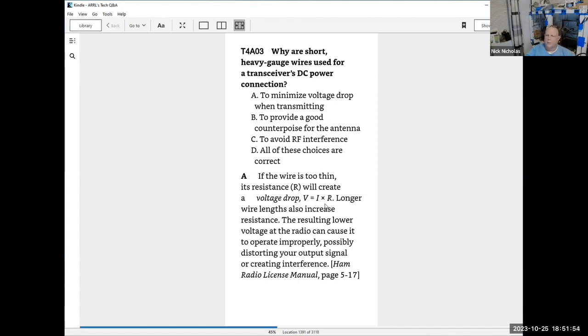I should probably be able to get away with, let's see, if I look at a household wiring chart, number 14 can support 15 amps, and number 16 wire can support 10 amps. And number 18 wire, that can support 8 amps, and so on.